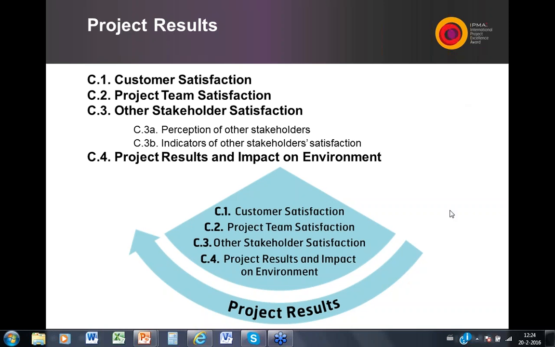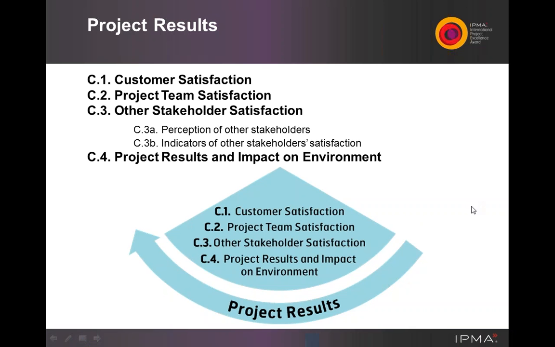Area C3, other stakeholder satisfaction, is divided in two sub-criteria: perception of other stakeholders and indicators of other stakeholder satisfaction. So the change in this new excellence model is that we are assessing on the basis of perceptions and indicators of the satisfaction. So are they saying they're satisfied, and where's the proof of their satisfaction? These are the perspectives that we now take into account.